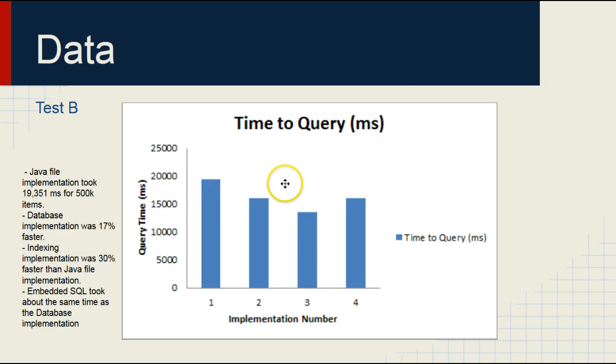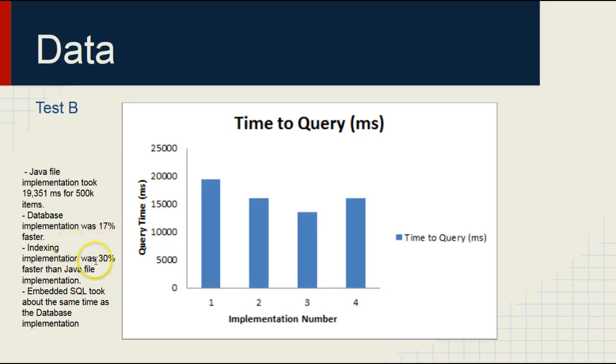So as you can see from the table, the Java-only implementation took nearly 20 seconds. It was about 19 seconds, and the implementation that used the database as well as the Java files was 17% faster.